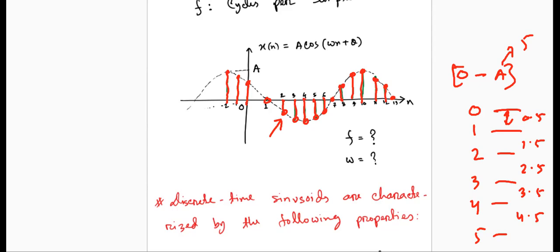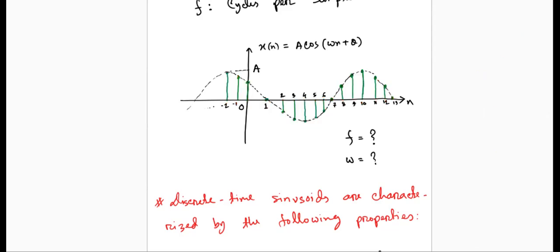So what people try to do to make the digital signal very, very close to the analog signal is to increase the resolution. Okay. So as you have seen, we have the signal x(n) equal to this.